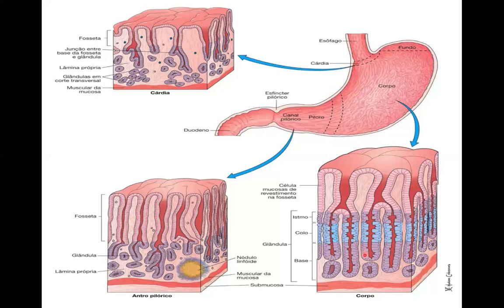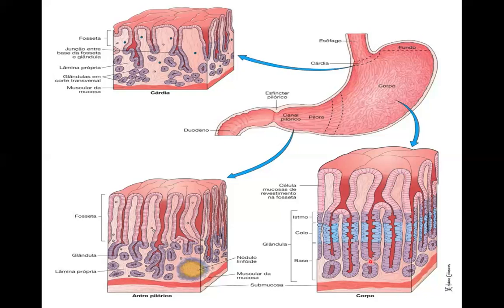Chief cell is responsible for pepsin secretion. So that you don't forget pepsin: chief cell, who is the chief of drinks, Pepsi. So chief cell, pepsin, and parietal cell, HCl.